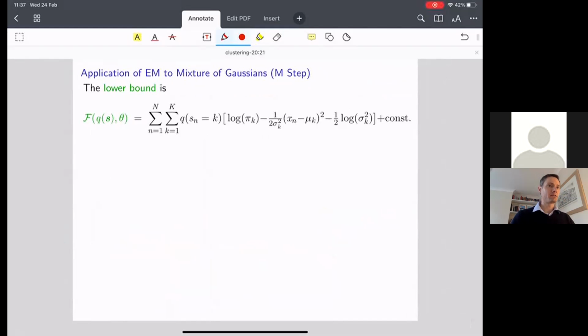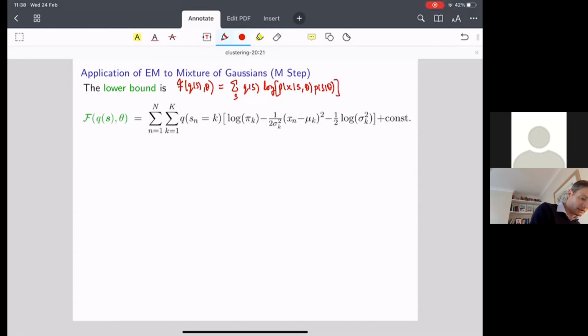So let's go back to our lower bound. Let me just write out what the lower bound is to remind us at the top of the page here. You'll remember that the free energy as a function of Q of S and theta is equal to the sum on S, Q of S, log P of X given S and theta, plus, sorry, I've missed a term off here, times P of S given theta.